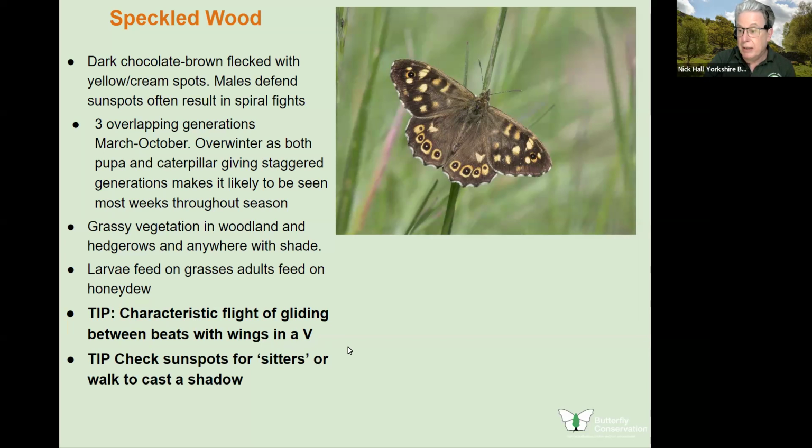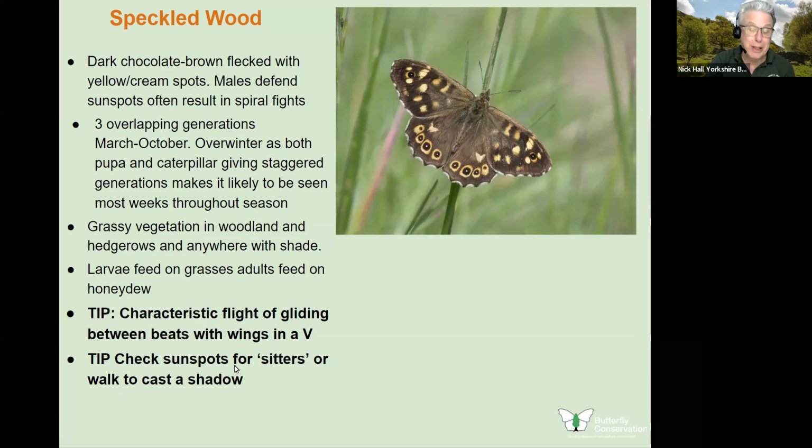And I always check when I'm walking, I always check my sunspots. And I would give this as number one tip: check your sunspots for sitters. I call a sitter an insect that is perched. And as I'm walking, you must keep to your route, but I always allow my shadow to go across any sunspots if I can.